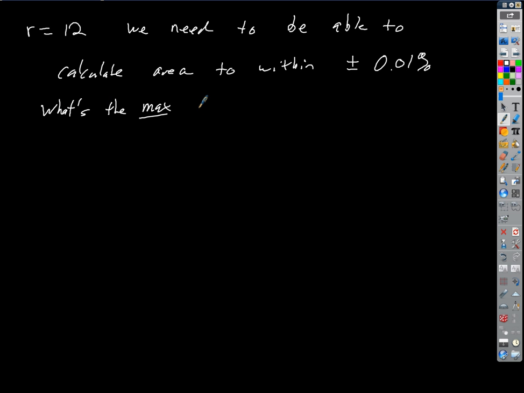What's the maximum allowable measurement error for r?